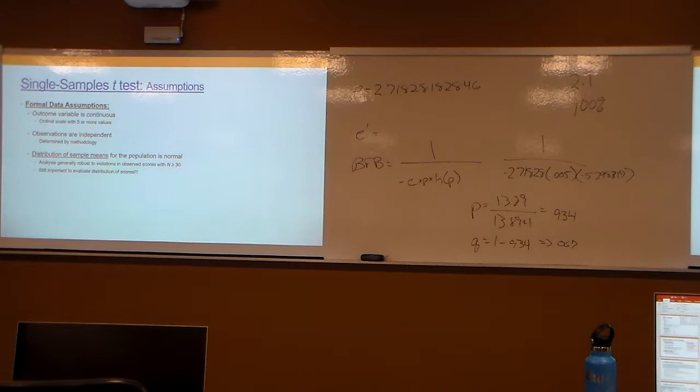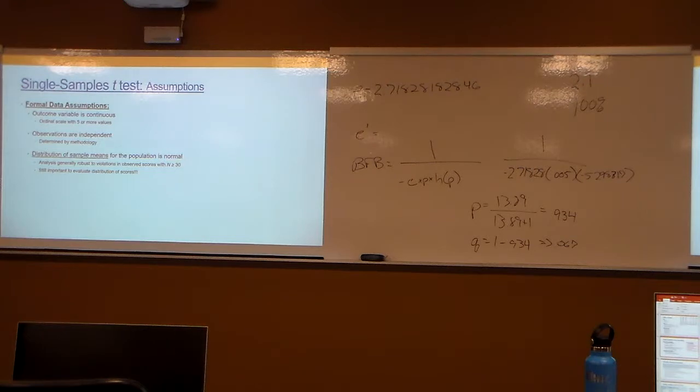Ish, kind of, right? But only to the extent that I can infer something about the distribution of sample means from the sample data that I've collected. If you think back to previous information, under what conditions does the distribution of sample means start to become normal? You get enough of them.